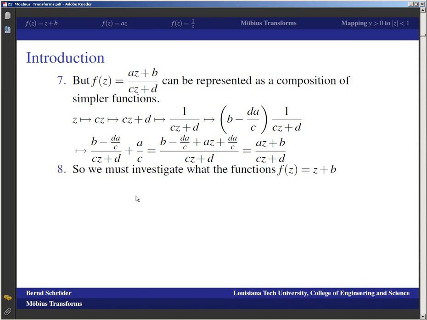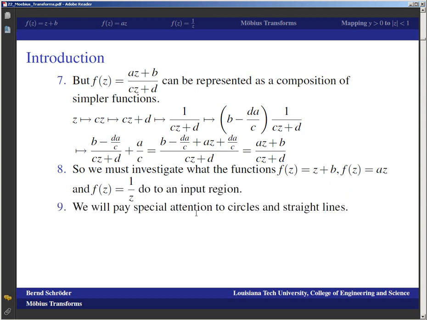Okay, so what that means for the first task at hand, which is ultimately to analyze Moebius transforms, is we must investigate what the functions f of z equals z plus b, f of z equals az, and f of z equals 1 over z do to an input region.